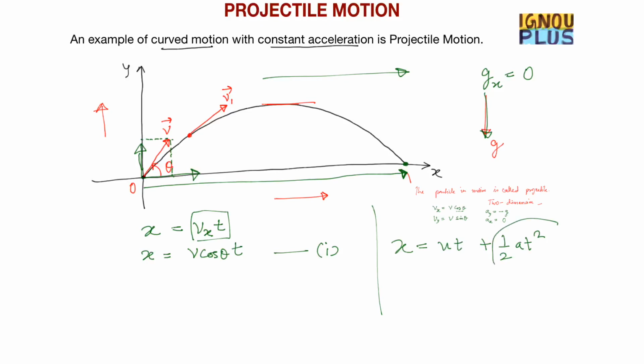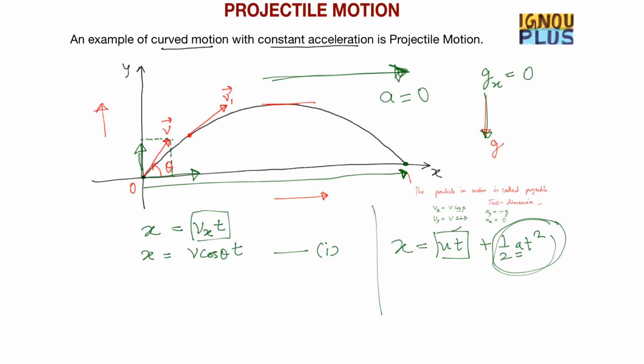We are not using this part for the x-axis. Why? Because we already know that in the x direction acceleration is actually 0. That's why this whole term will become 0, because we have a here. So we will only focus on something which has no a. So ut has no a, so we are focusing only on the first part of the formula.